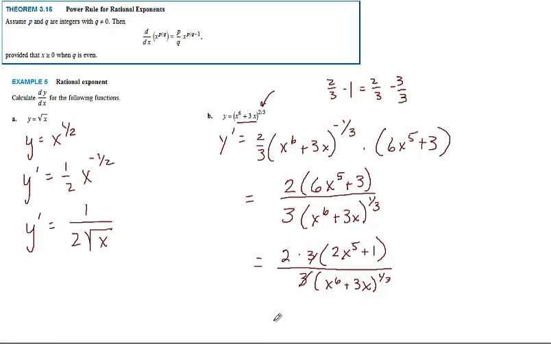Alright, my 3's cancel. Now, I could multiply that 2 through there if you want. Either way, it doesn't do anything. You don't have to. Whichever way you left it would be fine. I do like that 3 out of there, though. It makes it a little prettier. Okay.